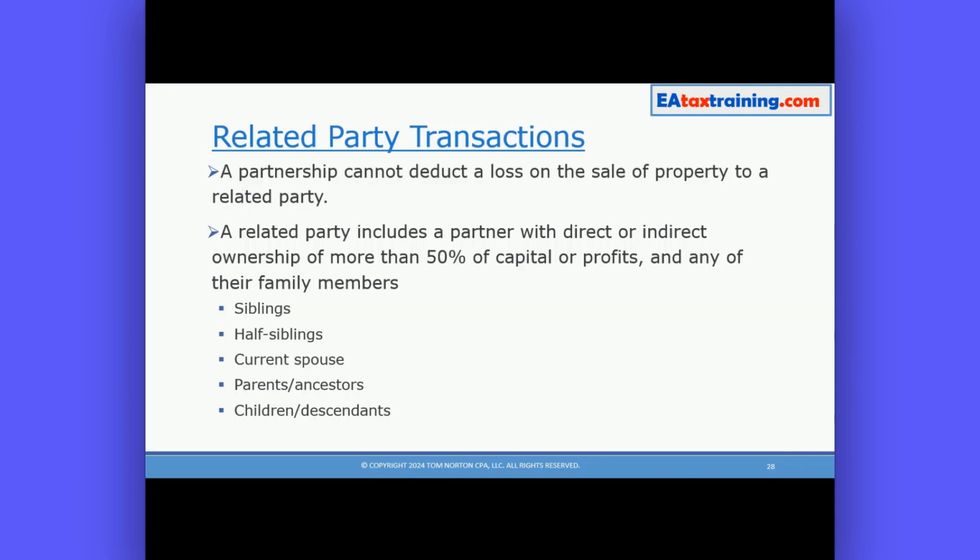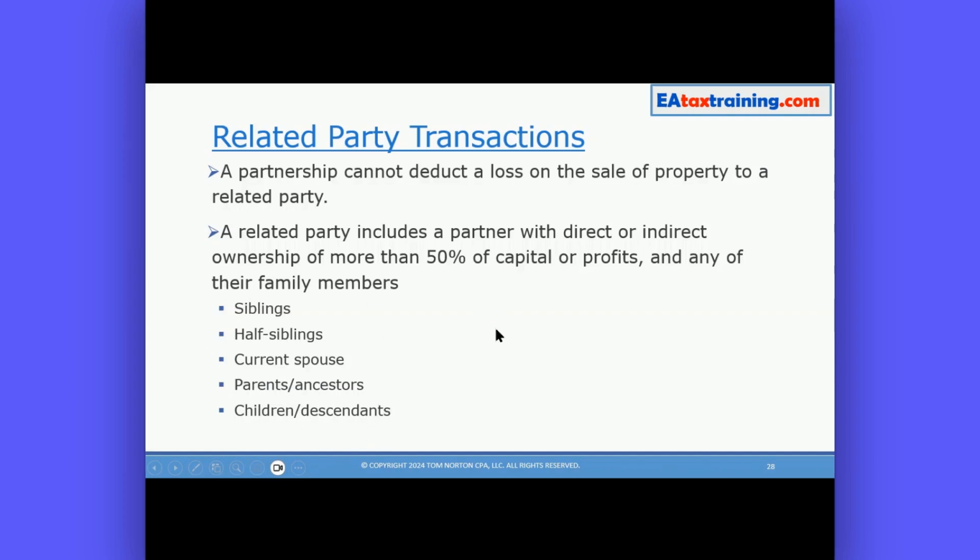So you either, as an individual person, own more than 50%, or when you combine your individual ownership with your ownership through these other entities, you've got more than 50%. So that's what that means, direct or indirect. And then family members is just these that are listed.